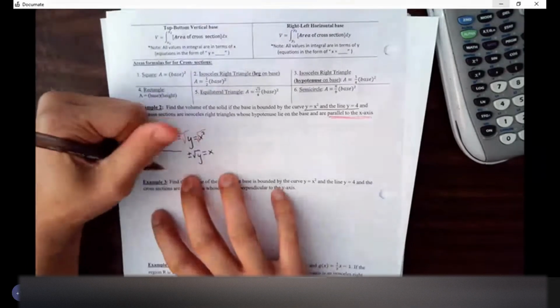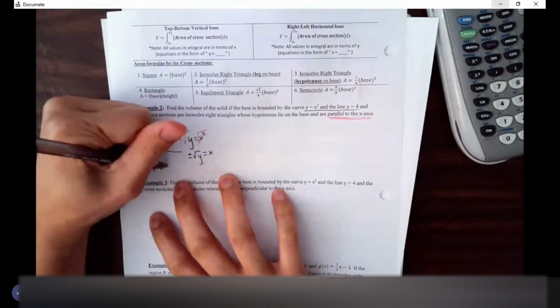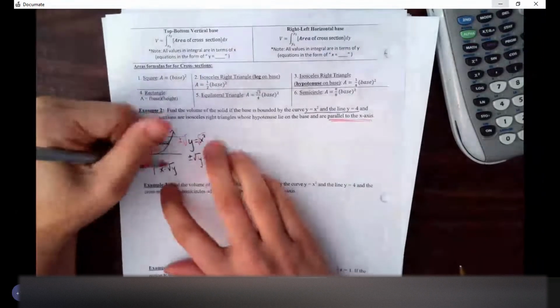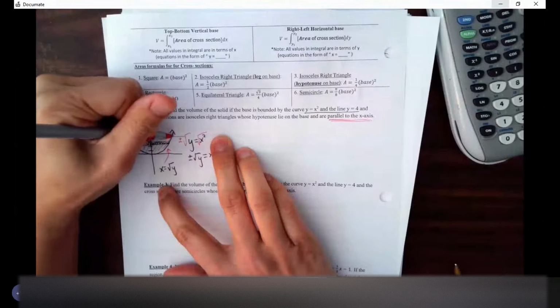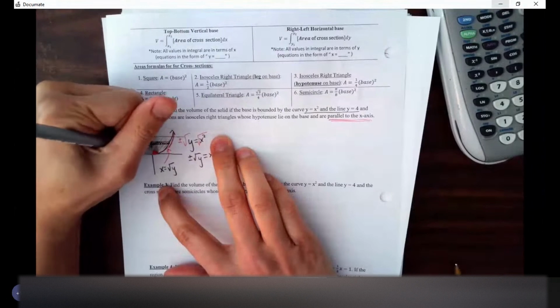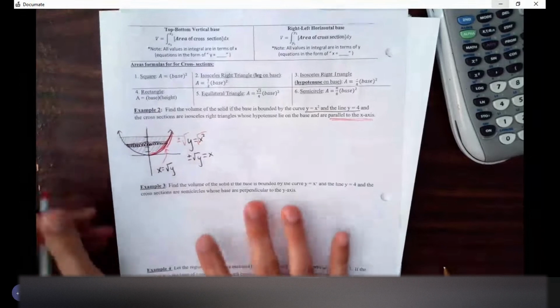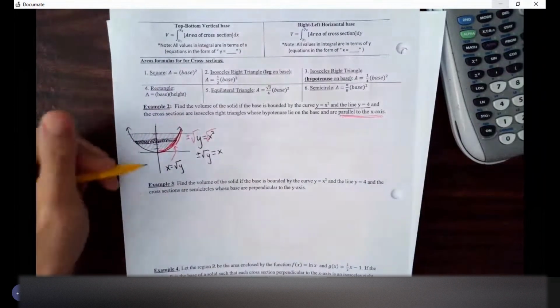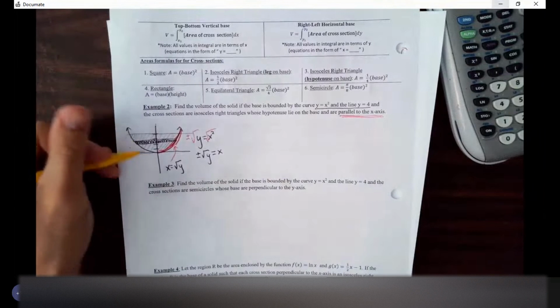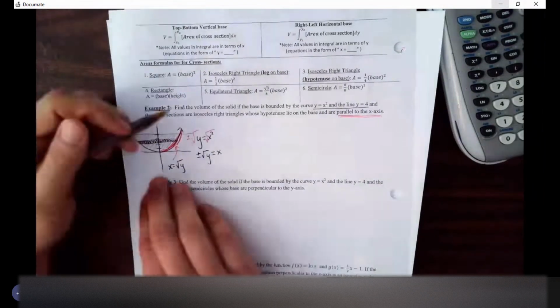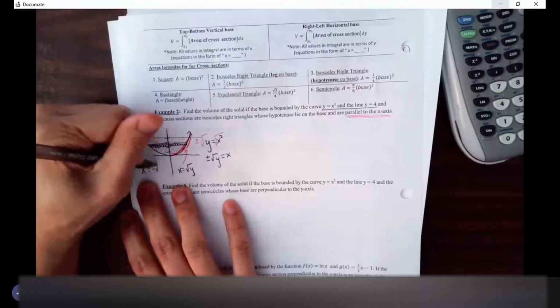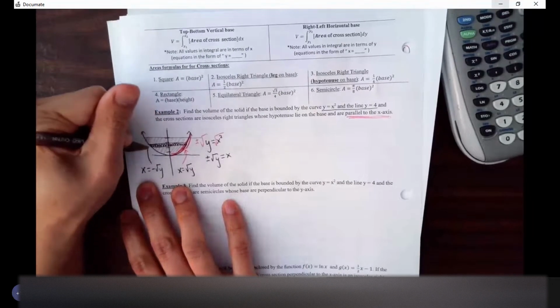We have x equals square root of y, which will show a positive x value, and that's referring to this branch here. Now x equals negative square root of y. That's going to guarantee a negative value, and negative values are going to be this side here, negative x values. So x is equal to negative square root of y. That's referring to this right here.